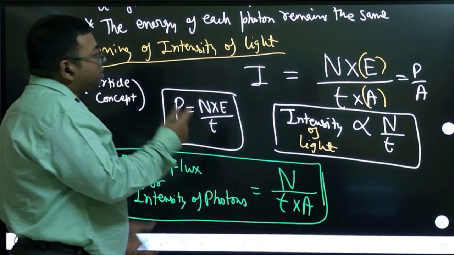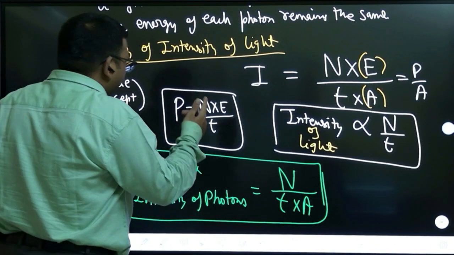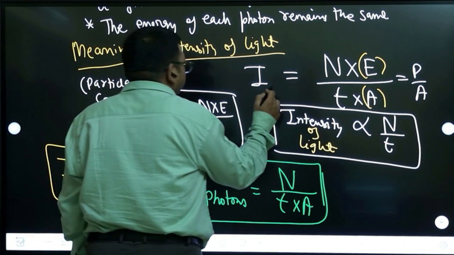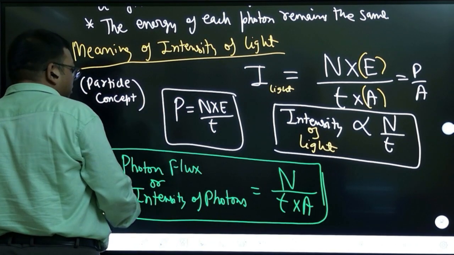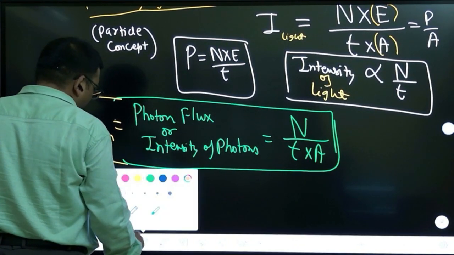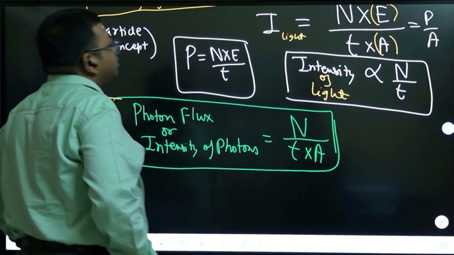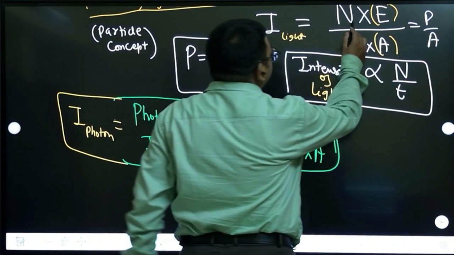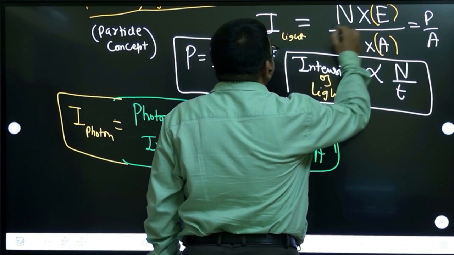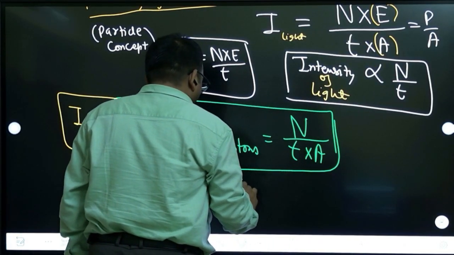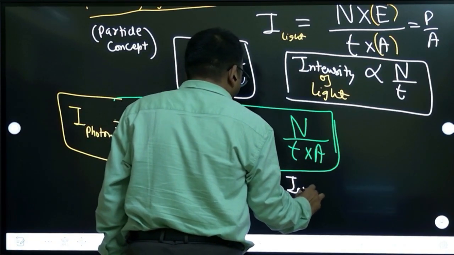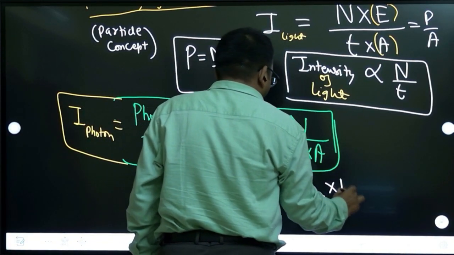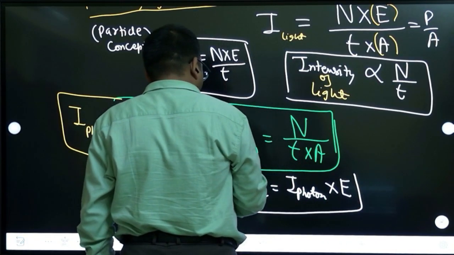So let us get the relationship between them. Let us write this intensity of light, and this intensity of photon, and we can get the exact relationship between them. This is the intensity of photon. So intensity of light is equal to intensity of photon times E, right?